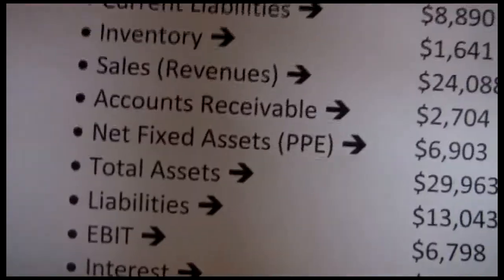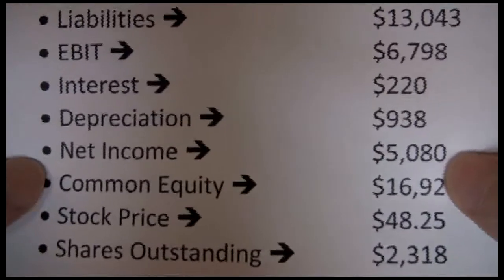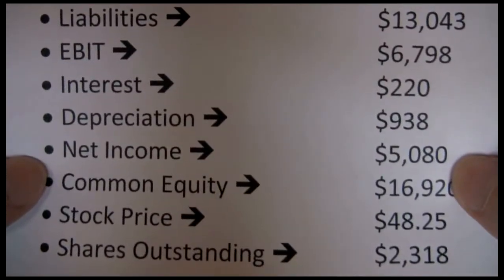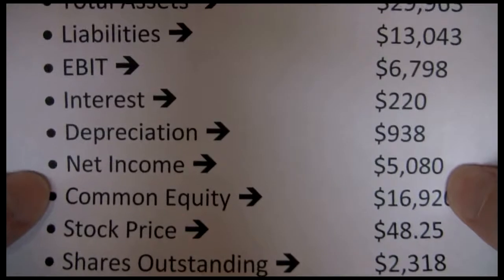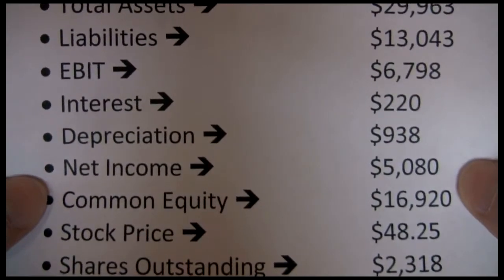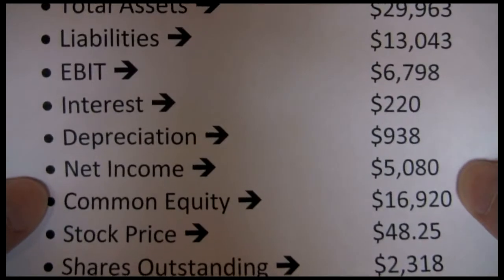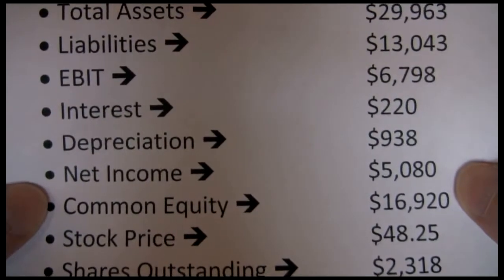Now when we're doing this, we want to start with our net income. Net income for Coca-Cola in that 2006 fiscal year, $5,080. Remember, we dropped the zeros off, so there were 3 zeros there, $5,080,000. And the initial information was reported in thousands.